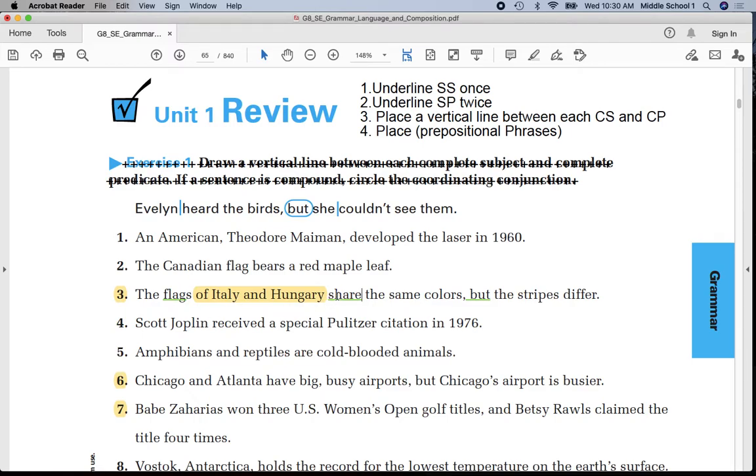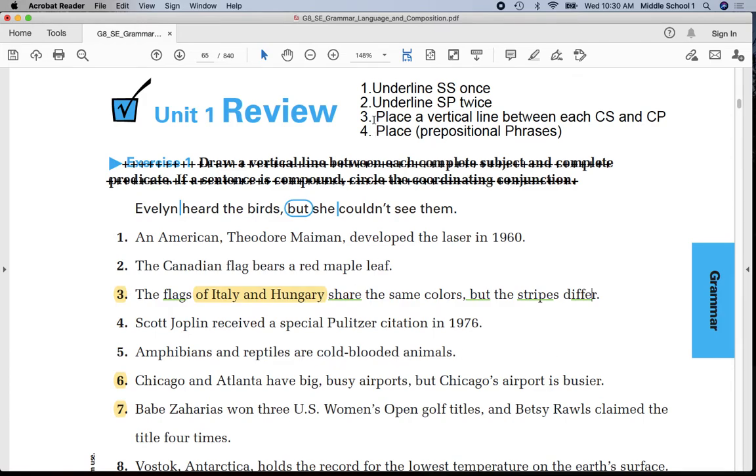Flags, share. Underline share twice. Stripes, once. Differ, twice. I have 2 sentences.